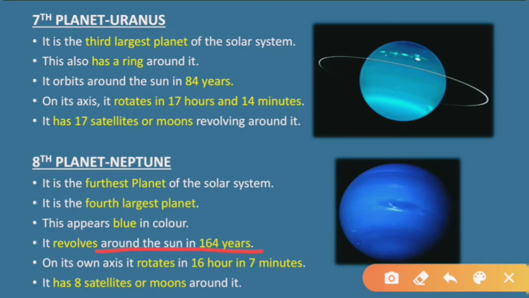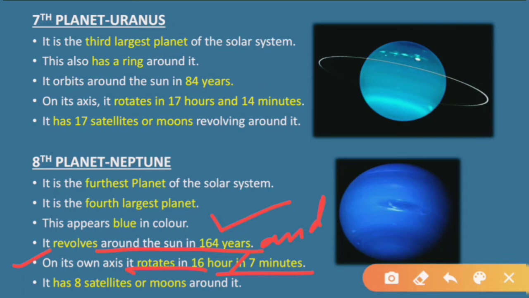It takes around 164 years to complete one revolution around the sun, and on its axis it rotates in 16 hours and 7 minutes. Students, this is 'and', not 'in'.